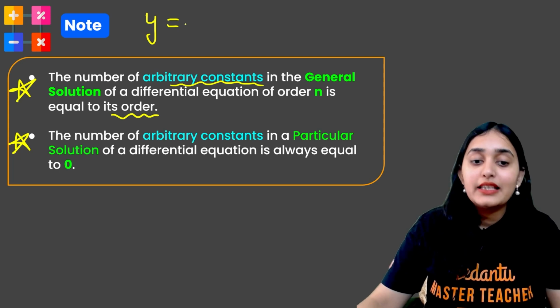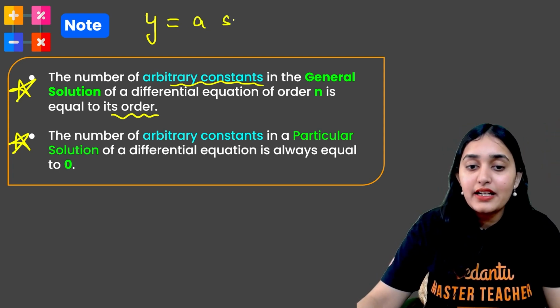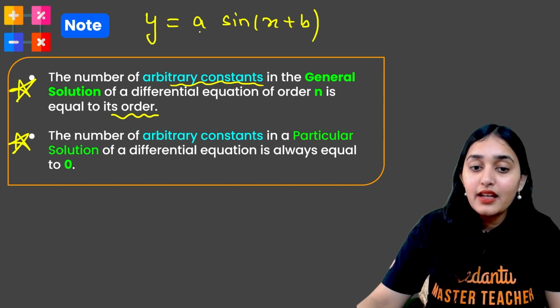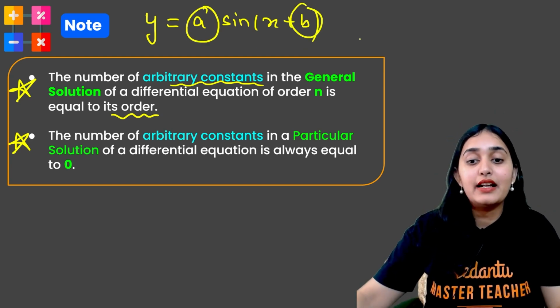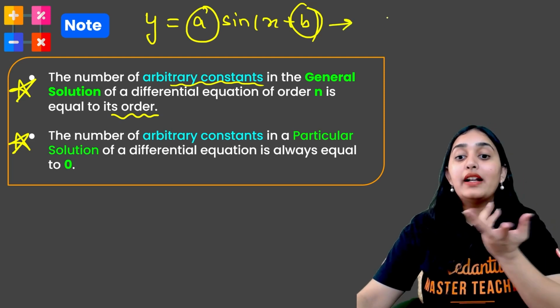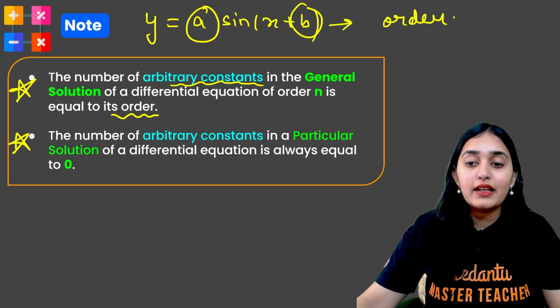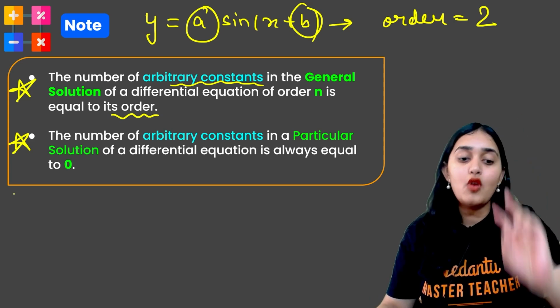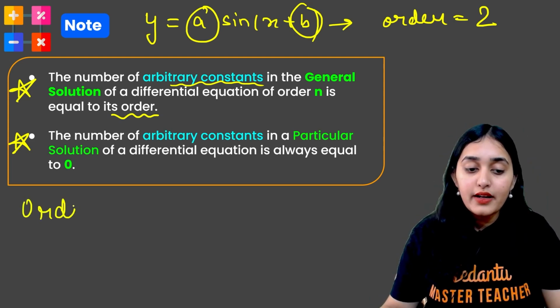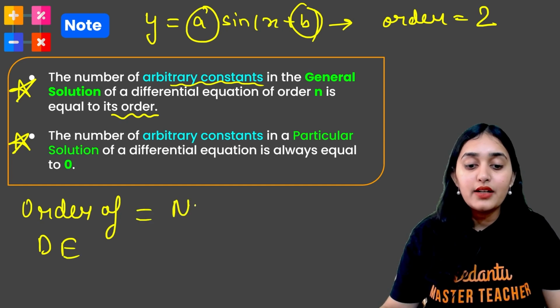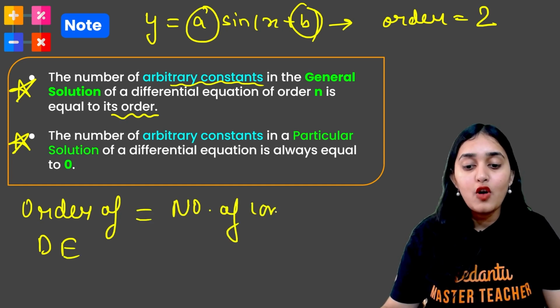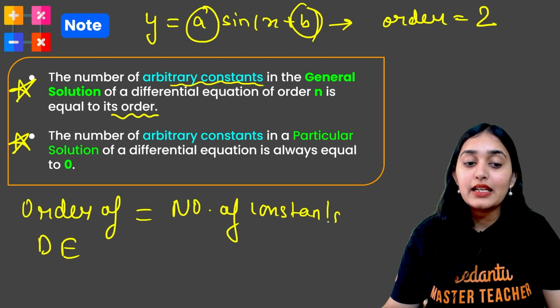So, if the general solution is a into sine of x plus b, here there are two constants, one constant, second constant. So if they ask you what is the order of this equation, it will be 2 because 2 constants. So remember, order of differential equation is equal to number of constants in the equation.